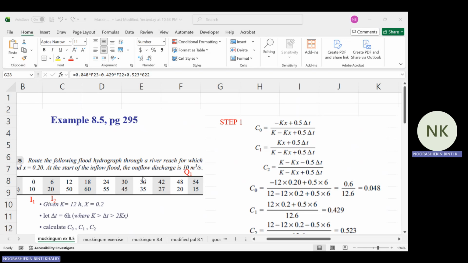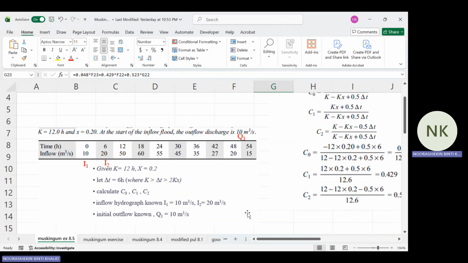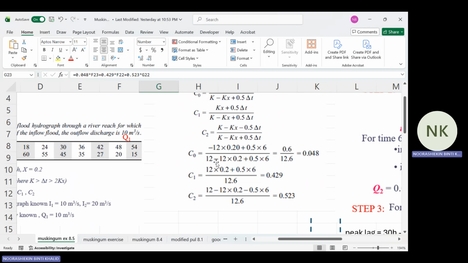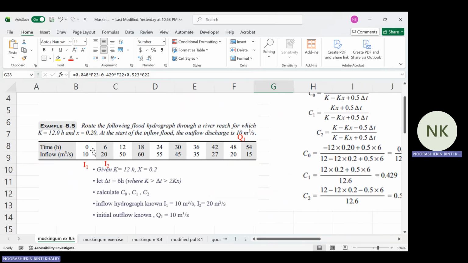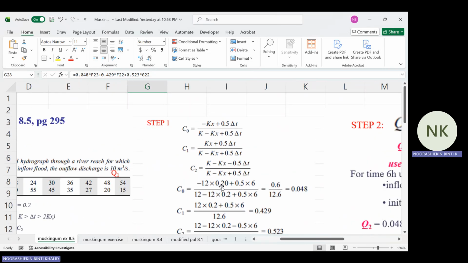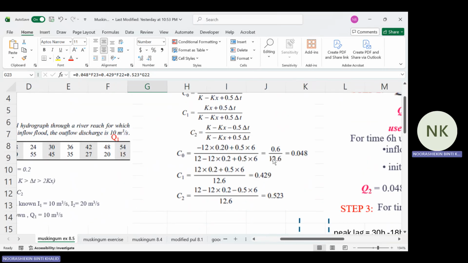So step number 1, we calculate C naught, C1, and C2, using K equal to 12 and X equal to 0.2. Insert into the equation, and I get C naught 0.048, C1 0.429, and C2 0.523.